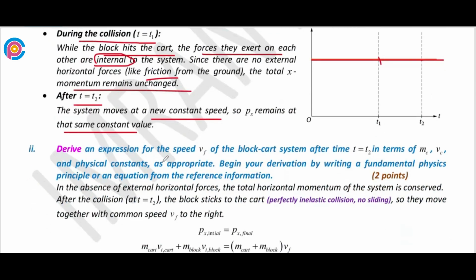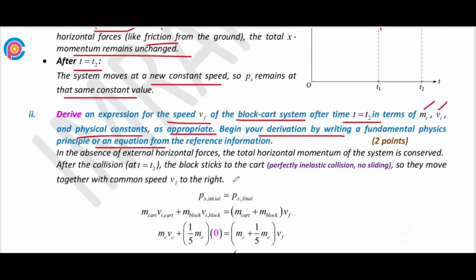Now derive an expression for the final speed of the block-cart system after time t equal to t2 in terms of mc, vc and physical constants as appropriate. Begin your derivation by writing the fundamental principle or equation from the reference information. In the absence of external force, the total momentum of the horizontal system remains constant.